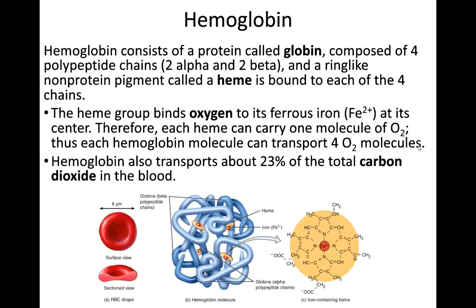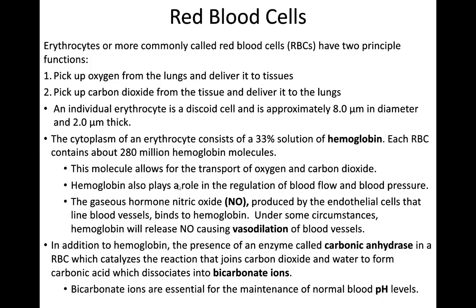oxygen molecules. And if you wanted to be kind of crazy, you could take that 4 molecules of oxygen, multiply that by 280 million hemoglobin molecules for each red blood cell. So over 1 billion oxygen molecules can be carried by 1 red blood cell.